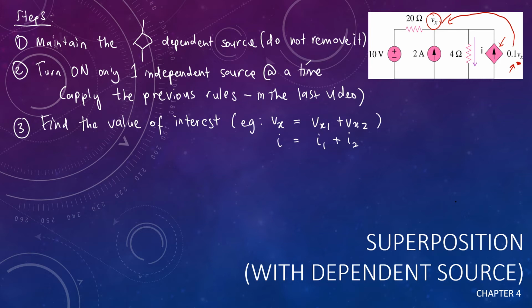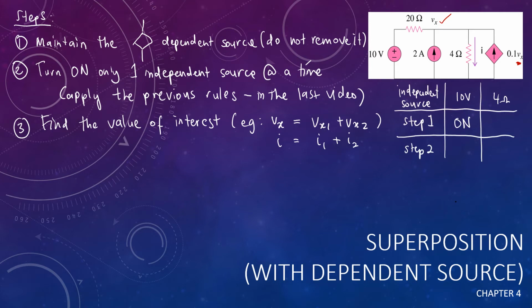For example, if you want to find Vx, how many independent sources do you have? If our circuit has only two independent sources, we have two steps, so Vx equals Vx1 plus Vx2. If you want to find I, same here, so you have I1 plus I2.